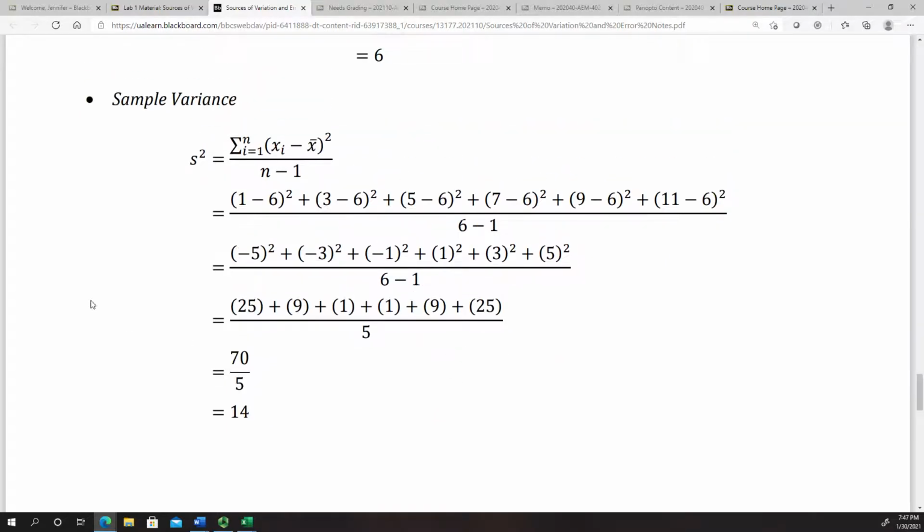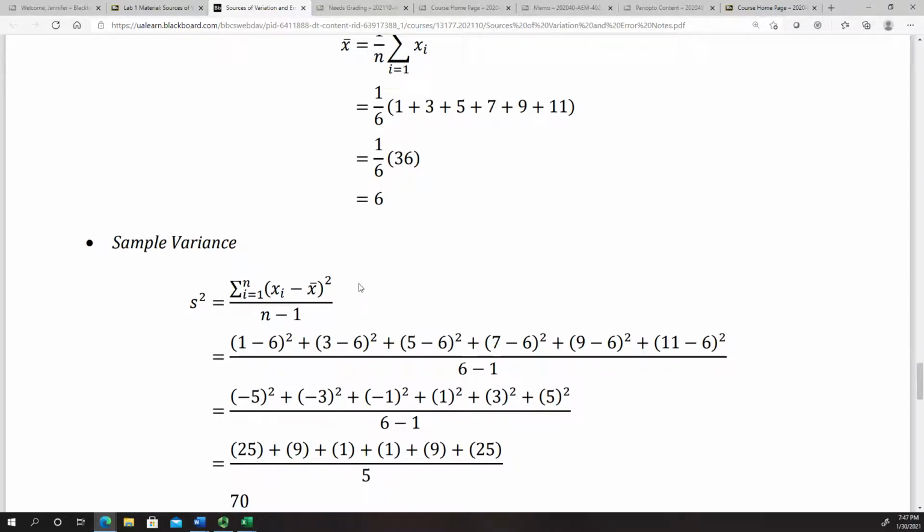With sample variance, we'll want to calculate variance before standard deviation because it just makes our standard deviation very easy to calculate. In terms of this, it's the summation of your set of values minus the mean, squared, divided by n minus 1. So if we're looking at 1, 3, 5, 7, 9, and 11 again, then we have our particular value, which will be either 1, 3, 5, 7, 9, or 11, and then the mean, which was calculated above as 6.